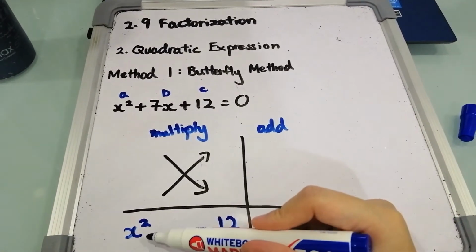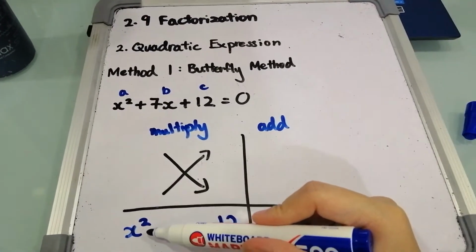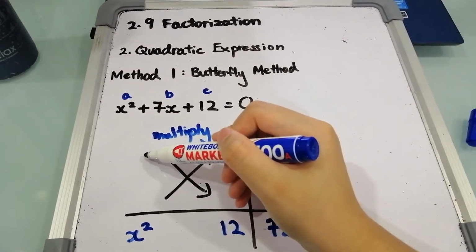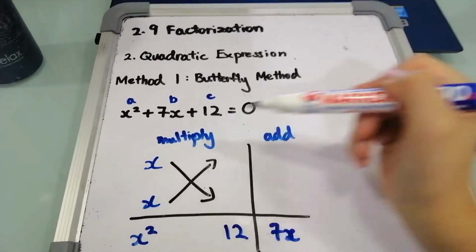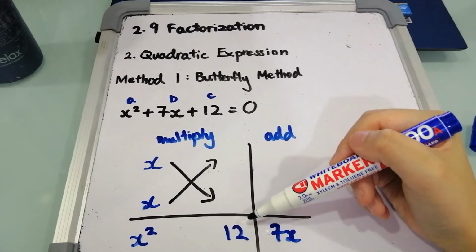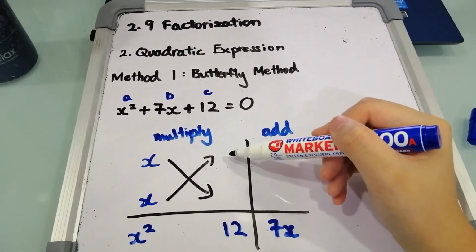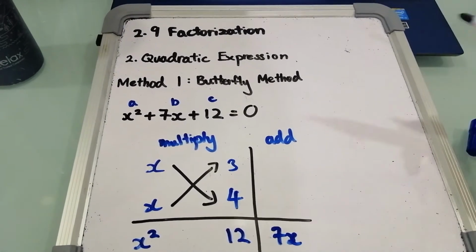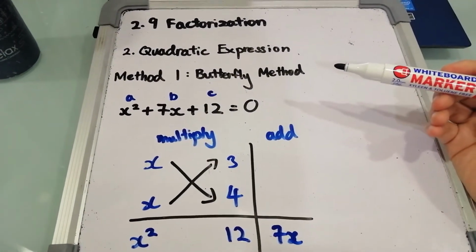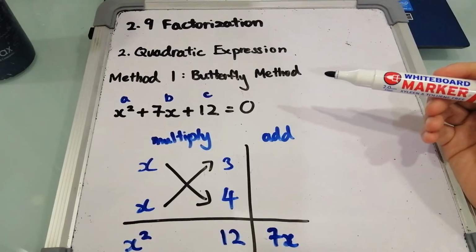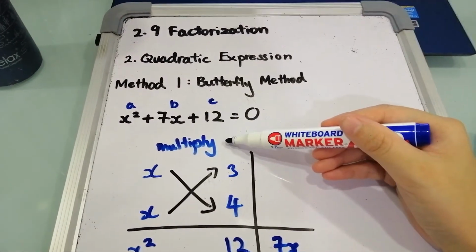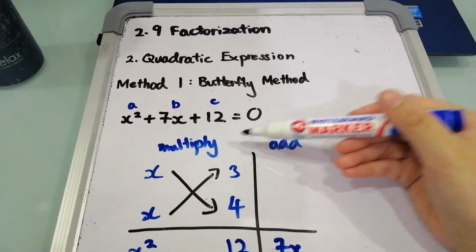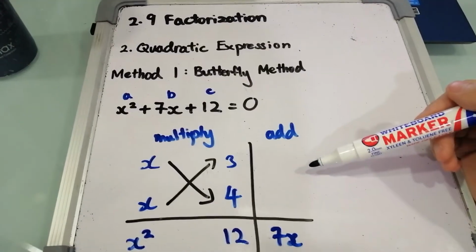In order to get x squared, we need to multiply x and x. In order to get 12, we can multiply 3 and 4. So there's a rule here in the butterfly method. In this column we multiply, and in this column we add.